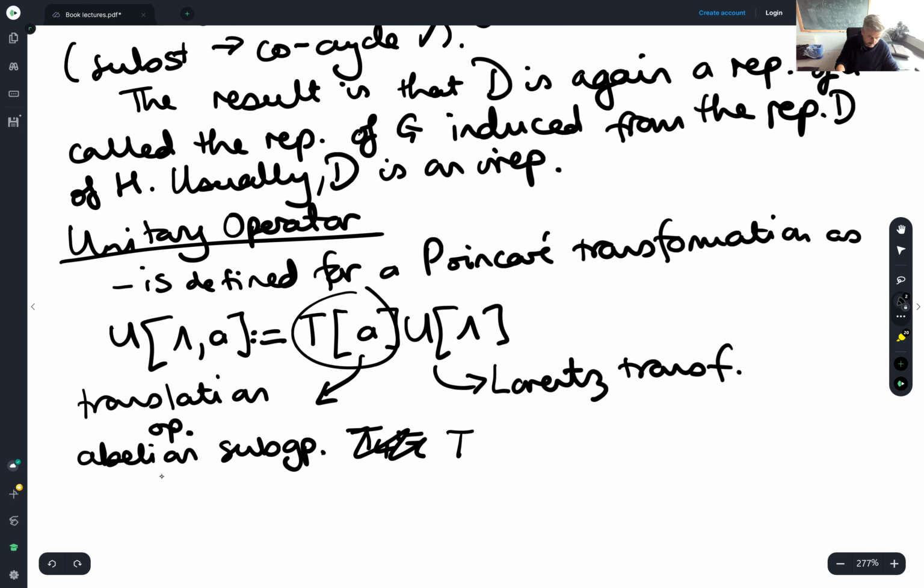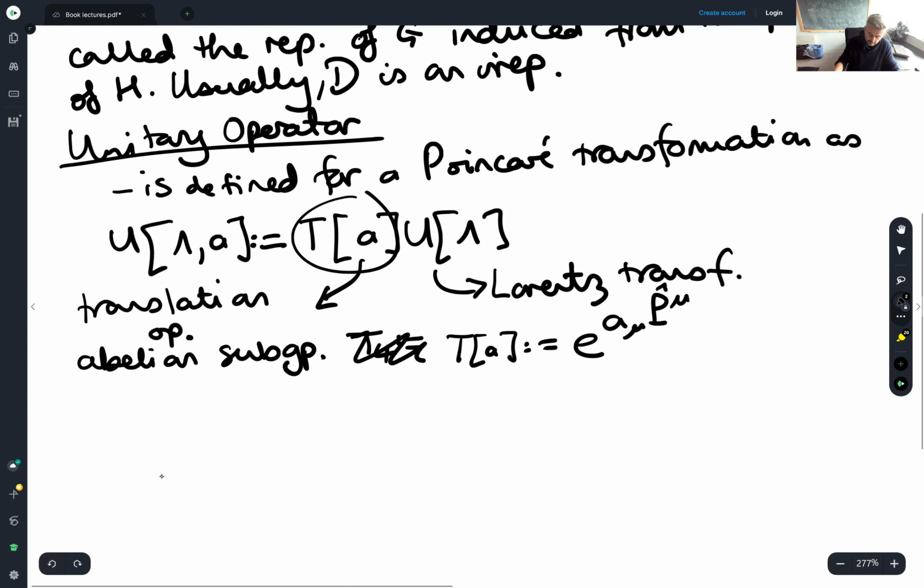So T of a is equal to e to the a mu P mu, where P mu here is an operator. We're going to put it to be anti-Hermitian. All right, so the idea is that these operators act on states and give us back eigenvalues of the state.